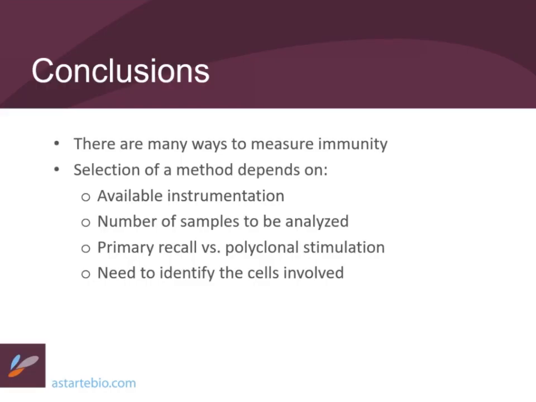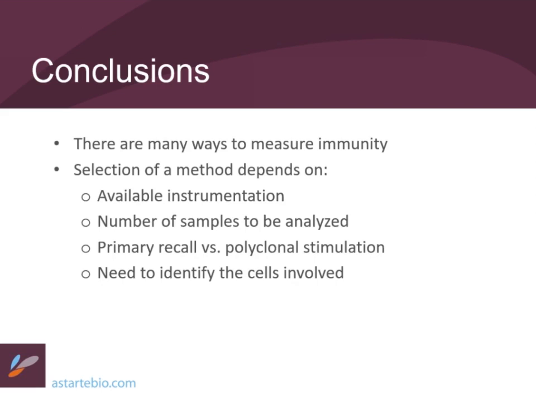So in conclusion, there are many ways to measure immunity, and selecting a method really depends on what you have available for instrumentation, how many samples you plan on analyzing, whether you're measuring a primary recall response or a polyclonal stimulation of every T cell that's there. One's going to take a much greater signal to noise ratio.